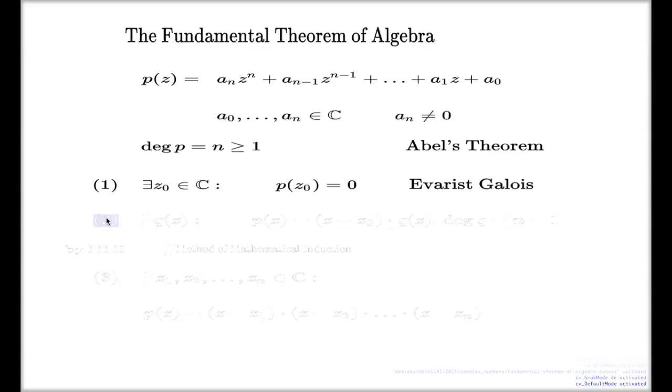As a corollary of this general statement of the fundamental theorem of algebra, you can conclude that there is another polynomial, which I call Q(z), such that P factors like this. This is something we just did on one particular example of a polynomial on the previous slide.